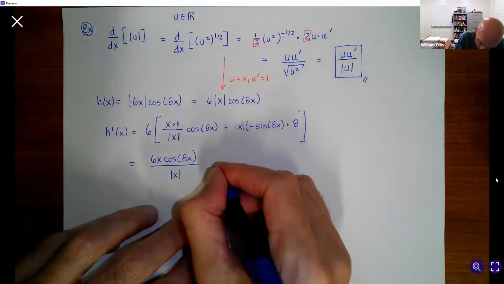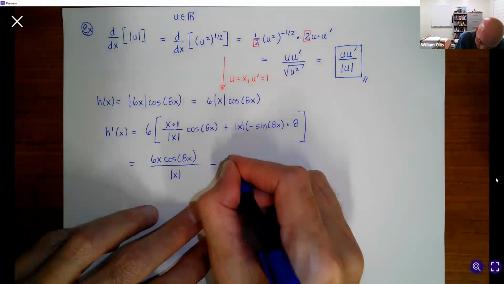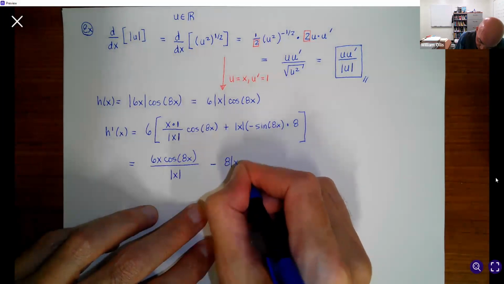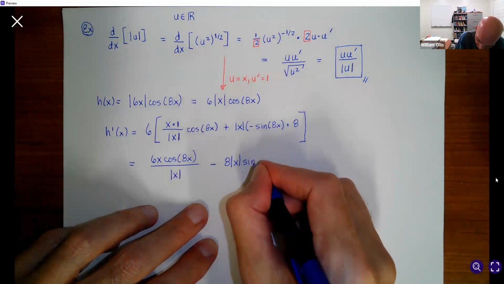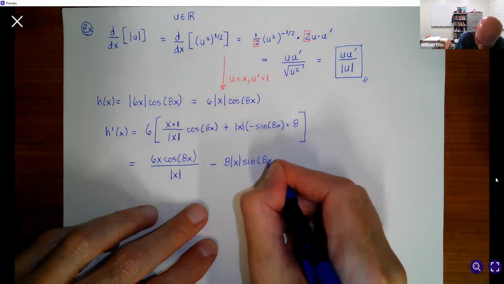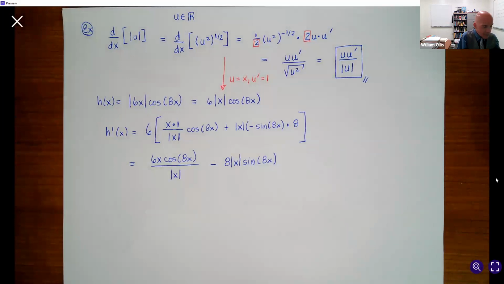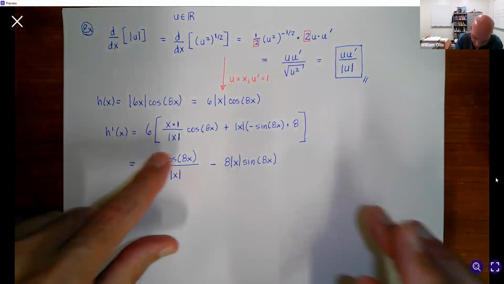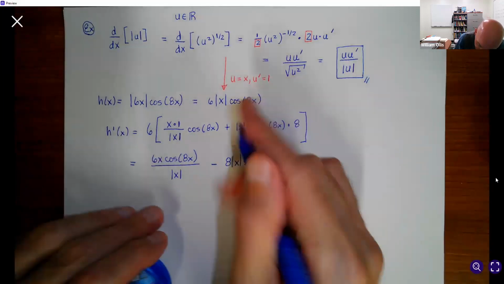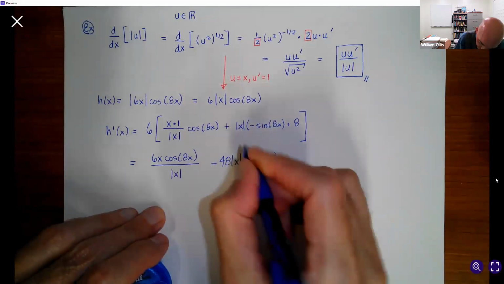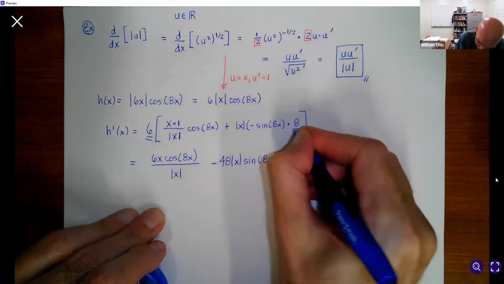So we've got minus 8 times the absolute value of x times sine of 8x. And of course, my bad, 6 times 8 would be 48. So I'll just add the 4 here. So don't forget 6 times 8.